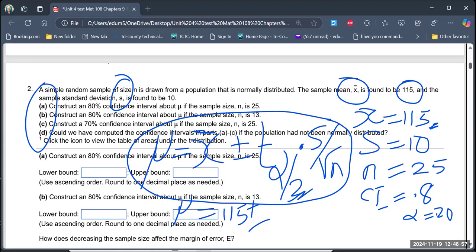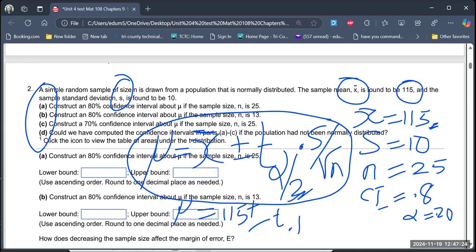So if you divide 0.2 by 2, you have 0.1. And so you are now going to find inverse t, which we call the critical value, inverse t for 0.1. Remember, you are using the t distribution because you don't know the population standard deviation. So this is a t confidence interval.